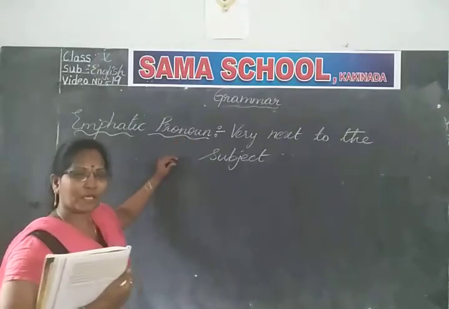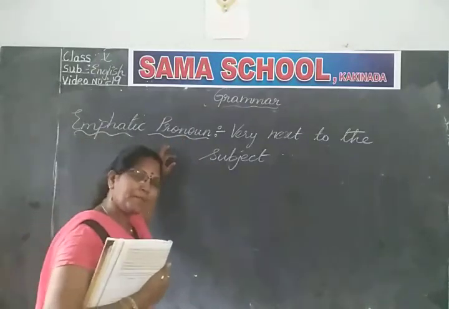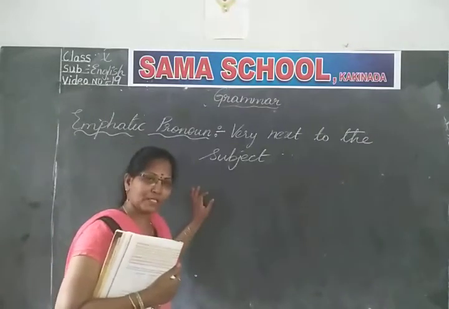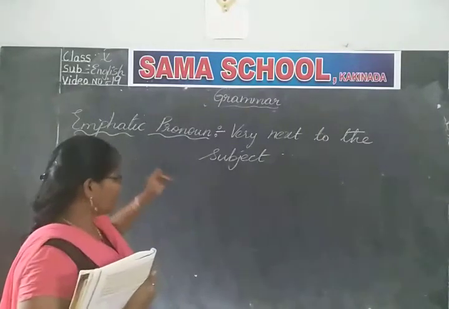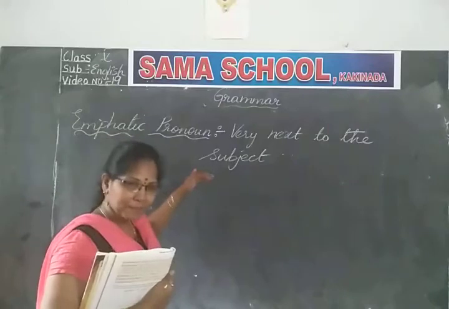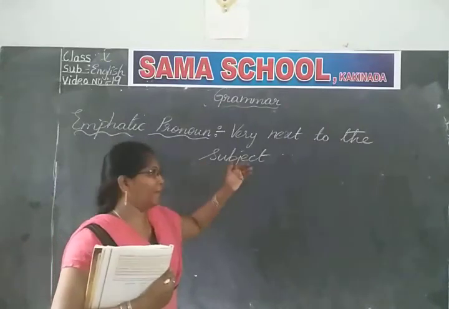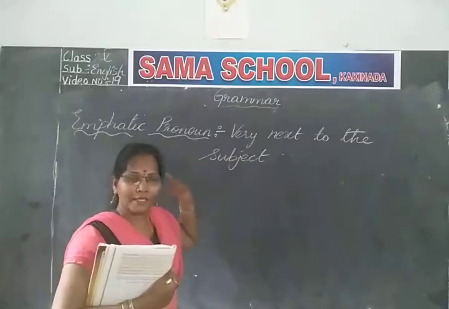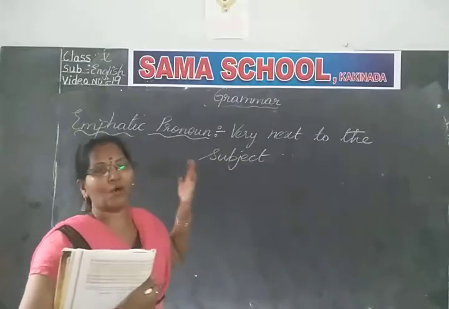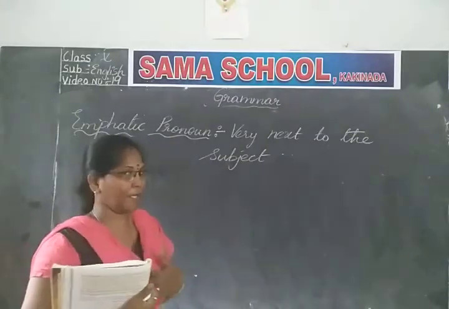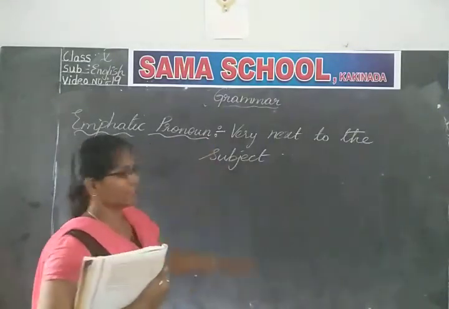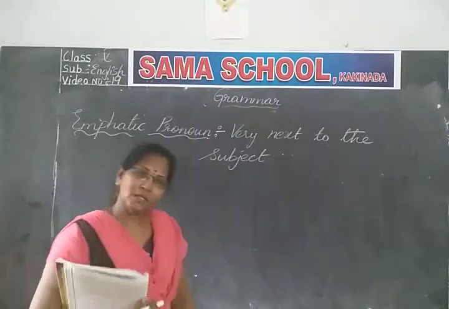But coming to the reflexive pronoun, it won't come very next to the subject. Did you understand, children? Here the subject is either a name, a person, or some animal or something it will be talking about. That we consider as a subject.